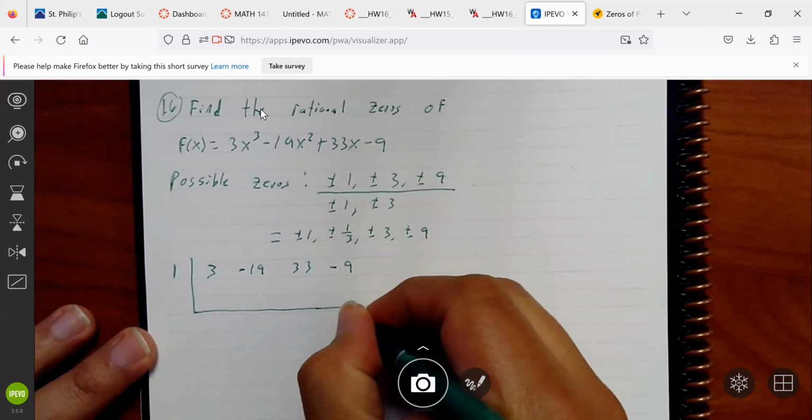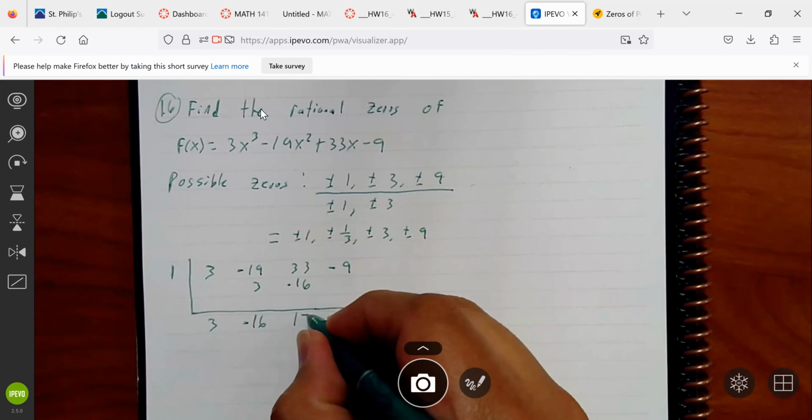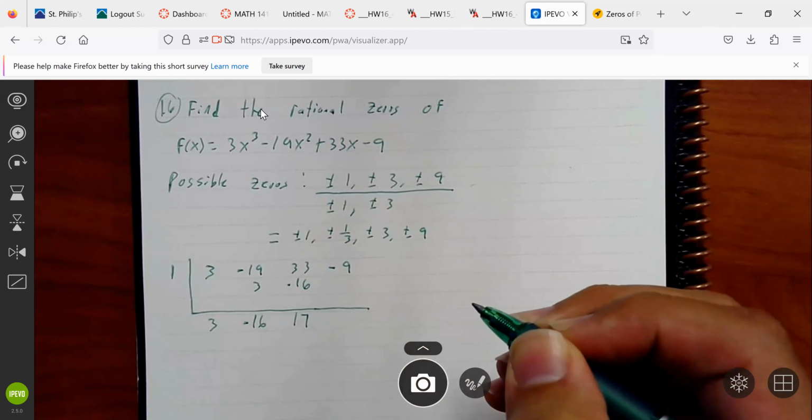This time, add them up. Negative 16, 1 times this. Okay. 33 minus 16, what is that? That's 17. Yeah, it's not going to be 0, is it?